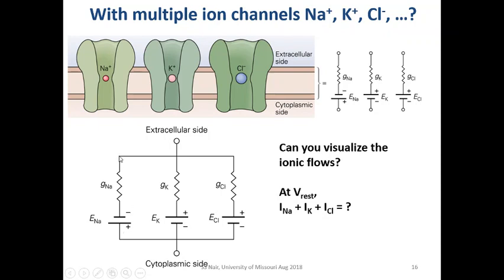So you draw a line, connect all of this, and you probably get your first electrical schematic in this course, a combined model for the flow of ions through a membrane which has three separate conductances.